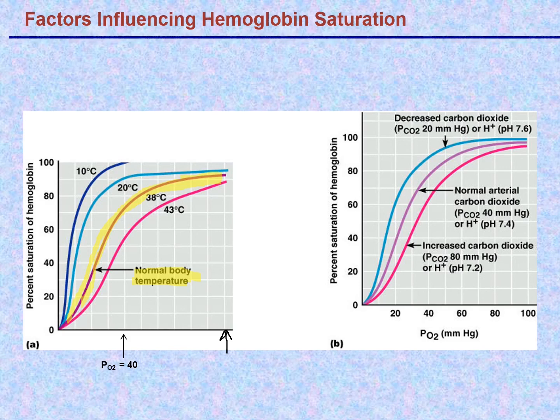It clearly shows the shape of the curve changes with increasing body temperature. So you get a steeper curve coming down at a higher temperature, and therefore less oxygen is held at any given PO2 in the body, so more oxygen is getting released.